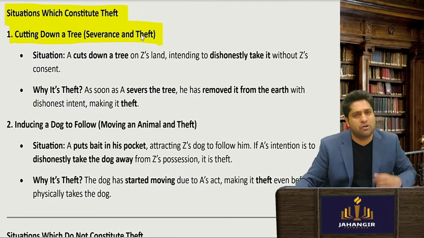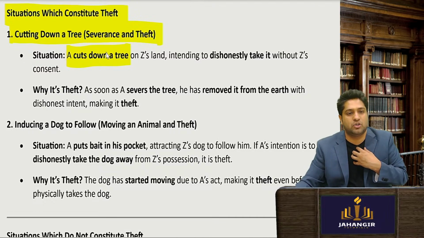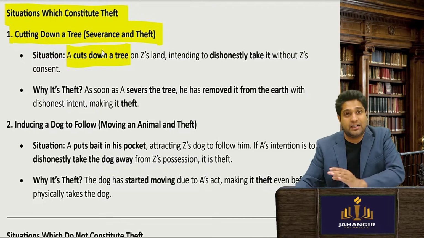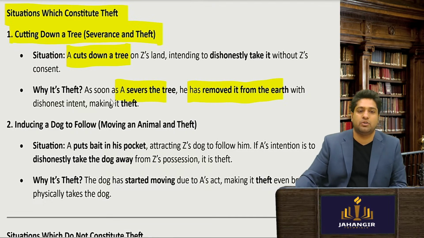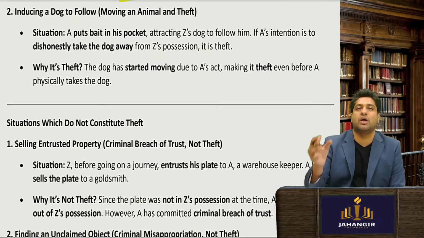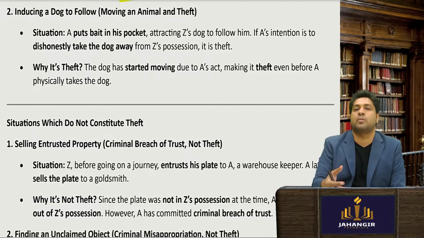Cutting down a tree, we already saw cutting down a tree is not considered to be theft, but after cutting it, when you take it away, you sever the tree and then remove it from the earth, then it amounts to theft. Same example as we gave before, that you cannot steal a tree which is attached to the earth. So immovable property cannot be stolen.